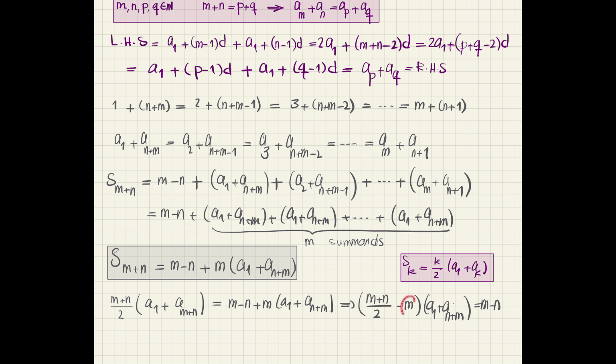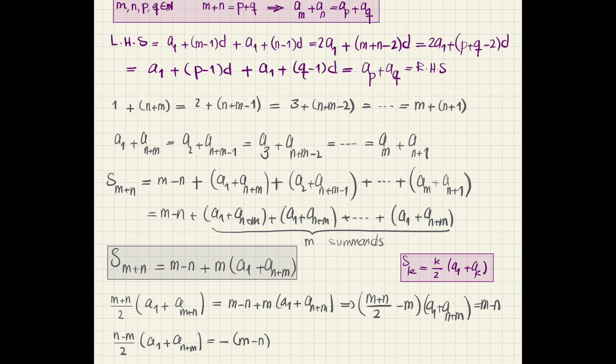How? Instead of m you can write 2m over 2, but you have a minus, so m plus n minus 2m is n minus m. So it becomes n minus m divided by 2 times a1 plus a n plus m equals to, let me factor a minus sign from the other expression, so it becomes m minus n. The reason that I did it, because I want to divide both sides.